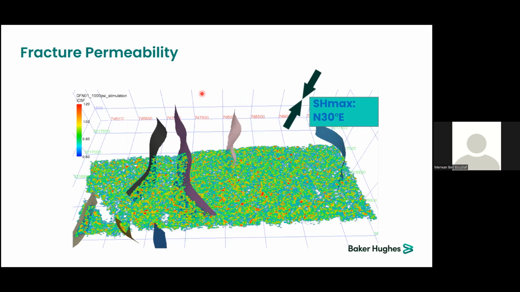But you may know that for the tight and naturally fractured reservoirs, whether a natural fracture is open or not is directly related to the geomechanical model, or the stresses that are present in the region.